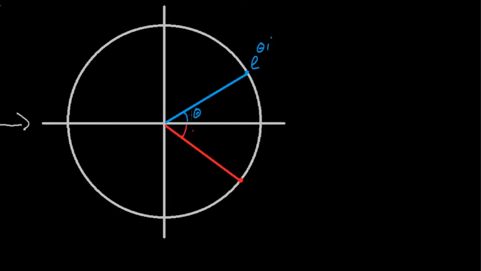So it has an angle theta from the horizontal axis, but instead of going up, it goes down. So we write down negative theta since it goes down from the x-axis. So now we have e to the theta i here, and we're going to represent this point by e to whatever angle this is, and that's negative theta times i.